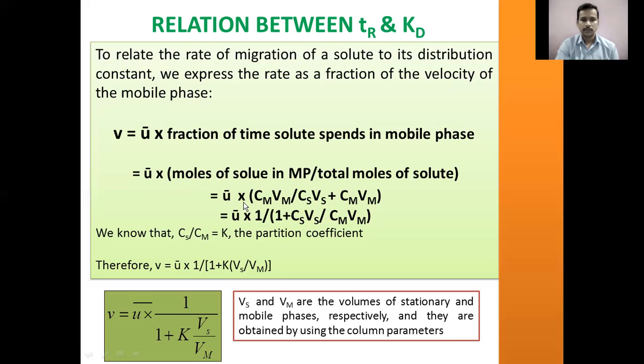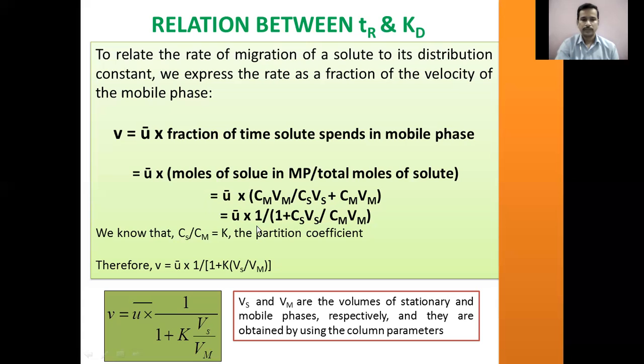Therefore, V is equal to U bar into moles of solute in the mobile phase, which can be written as the concentration of the solute in the mobile phase into the volume of the mobile phase, divided by the total moles of the solute. As I told you, that is the summation of moles of solute in the stationary phase and moles of solute in the mobile phase, that is, Cs into Vs plus Cm into Vm.